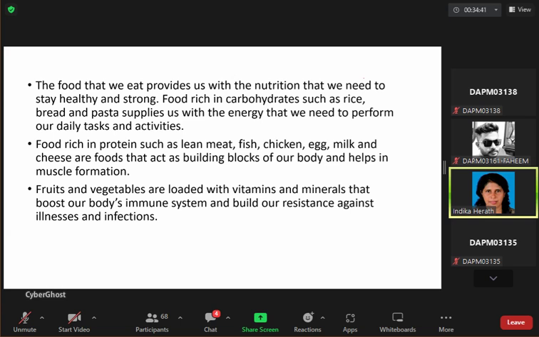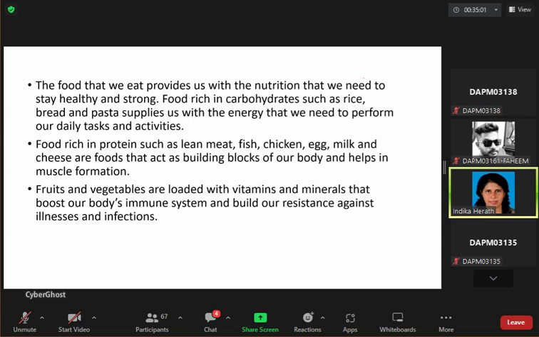Especially rice. Rice is a common component of many of our food plates. It contains carbohydrate, so it provides us carbohydrate.